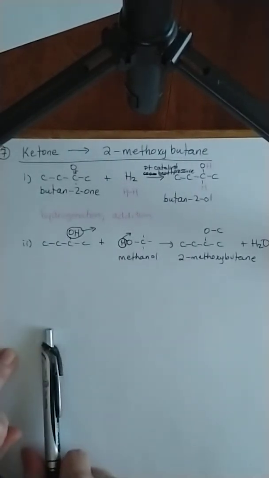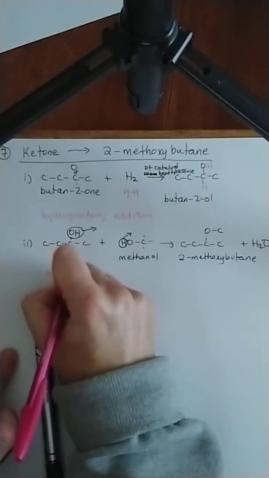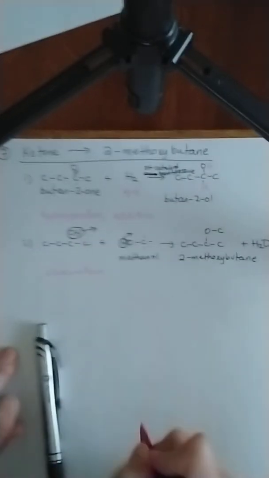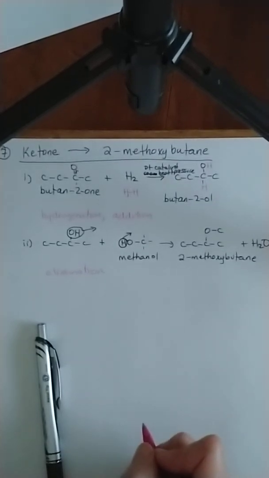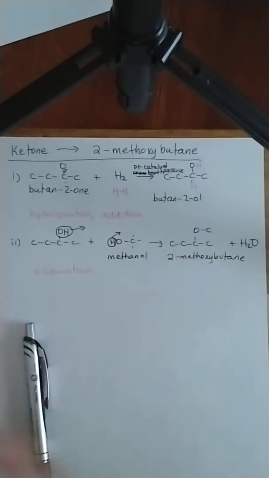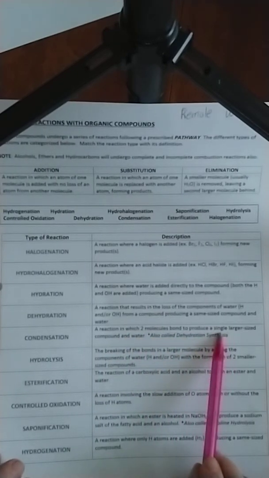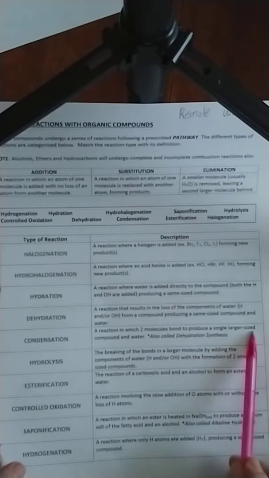So when we look at our types of reactions, we know that we have an elimination. Okay. And if you're looking, for example, at the other type of reaction that's going on there, notice, because we haven't done this yet, there's a chart. So this is where condensation comes in, a reaction in which two molecules bond to produce a single larger sized compound.